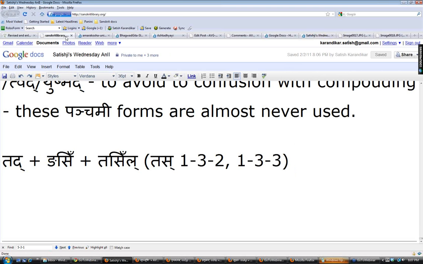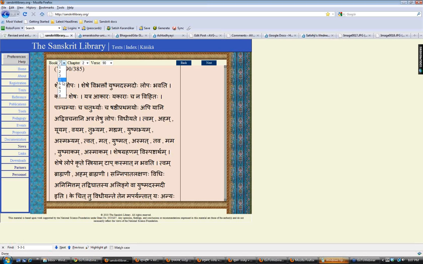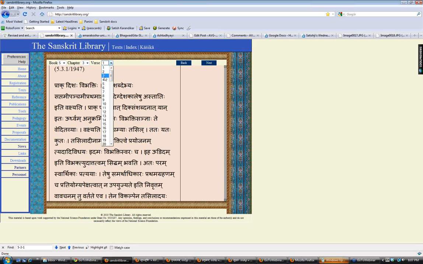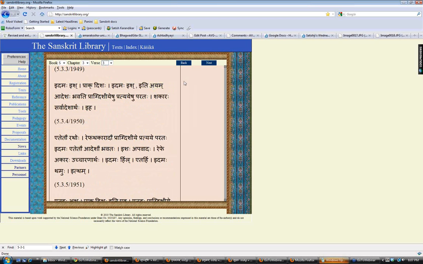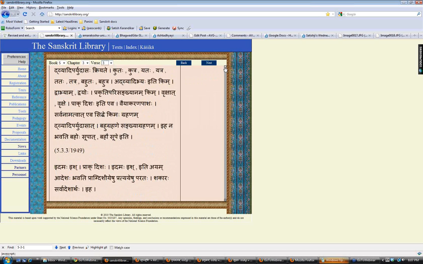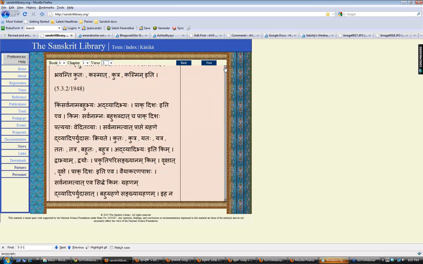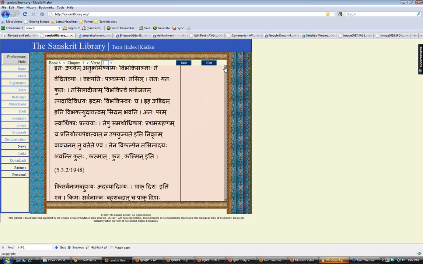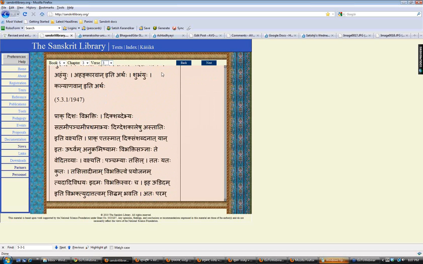Because if you look at the Sutram 5.3, this is a very important section of Tadhitas, by the way. This section 5.3 is the Pragdesha Bhakti. Very well known Tadhita forms can be found here. Tadhita is more than 1,000 rules, so you want to pick out the ones which are used most often, and this is one of them, called Pragdesha Vibhakti.